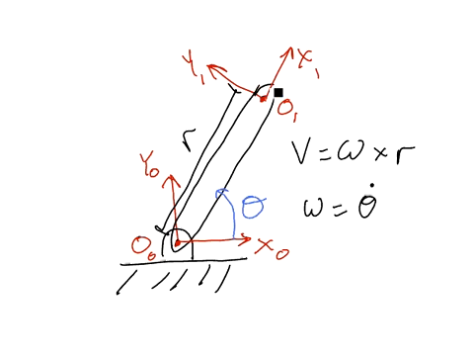Since these two axes are parallel, you can think about it either way. But in either case, we have two components to this velocity: the linear velocity of the center point of the frame, and omega, the rotational velocity of frame 1.